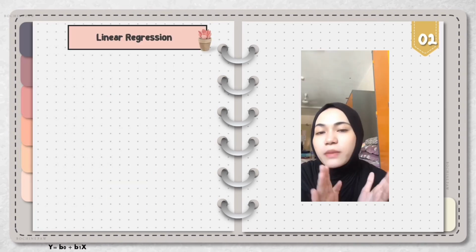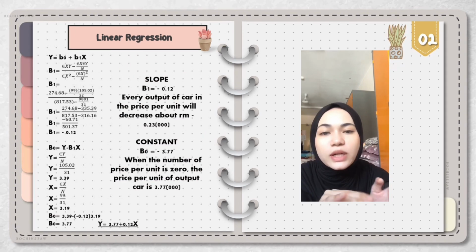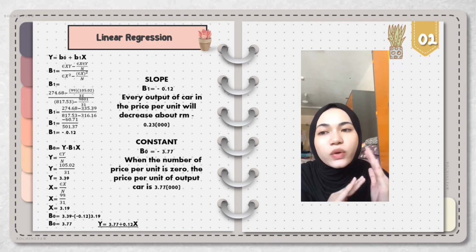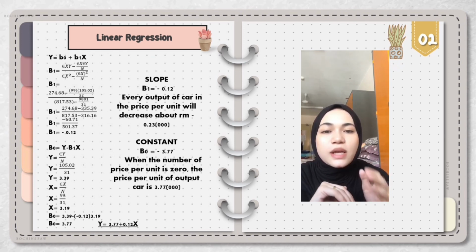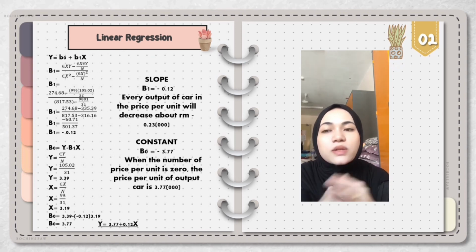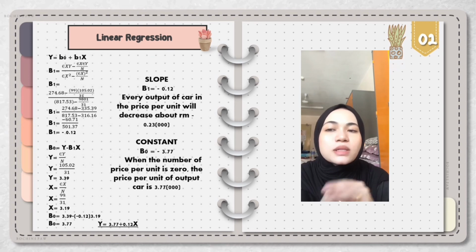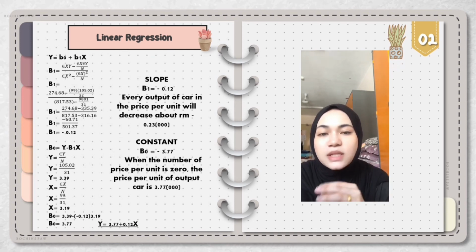Okay, so for number 4, we will compute the linear regression equation. As we know, the equation is y equals b0 plus b1x. Okay, so b0 is a constant which is an unchanging value, and b1 is a variable value. So after counting, we get the answer that y is equal to 3.77 plus 0.12x, and as we know, negative and negative will be positive.